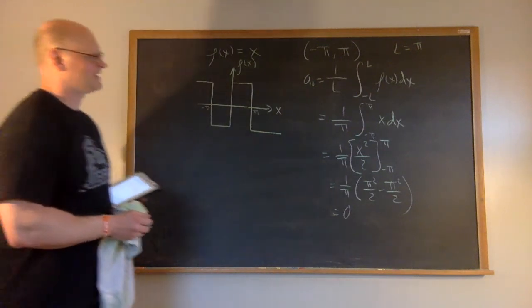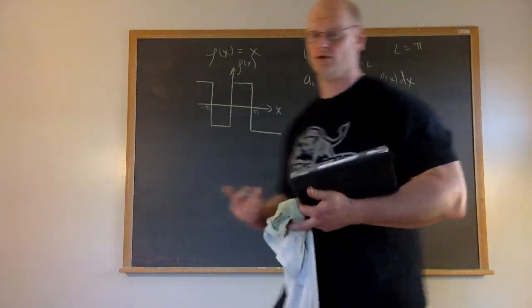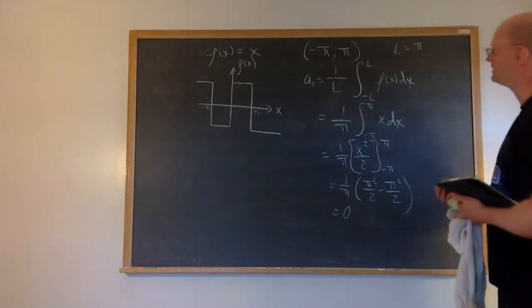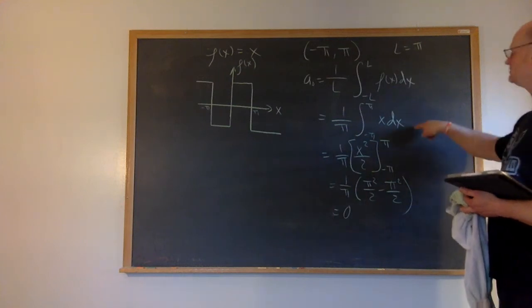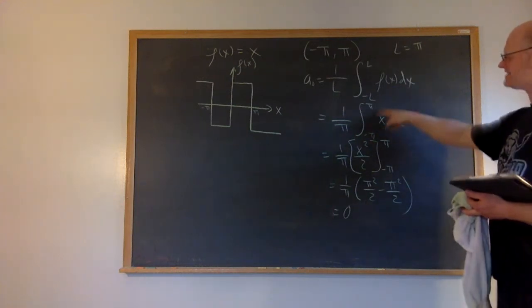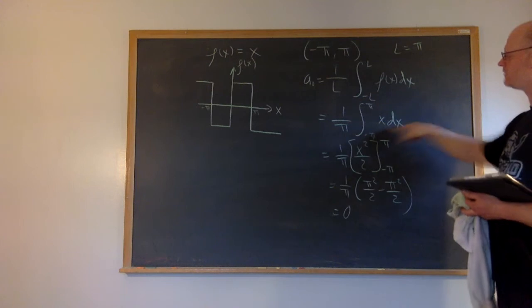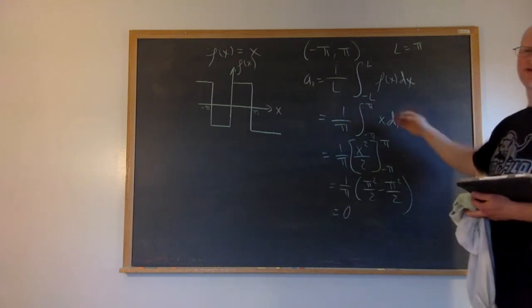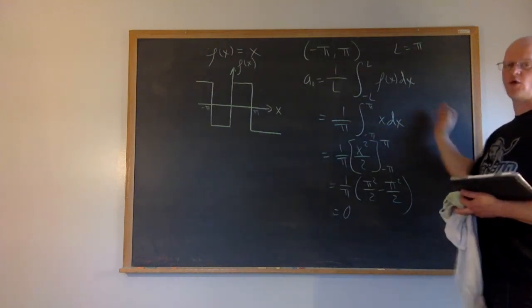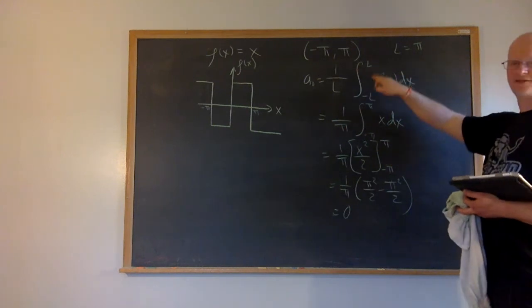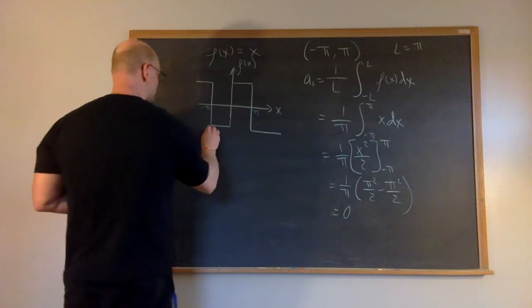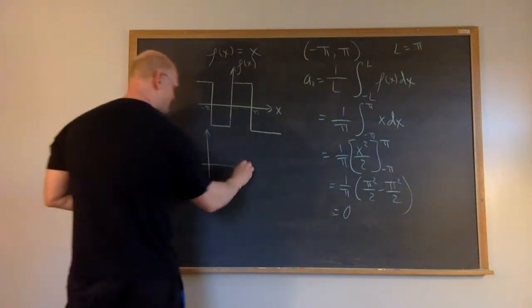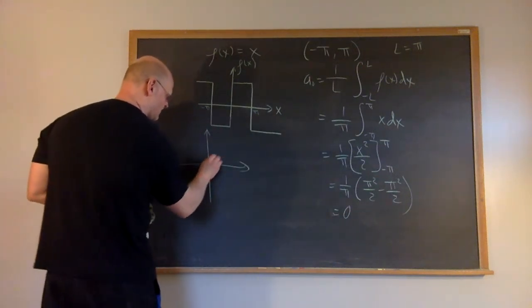Now, here we could have seen that this was actually true, because x is an odd function, so the integral of an odd function over some period, and in this case I'm integrating over the period, has to be equal to 0. The other way to think about this is: here I have x, so x looks like this.